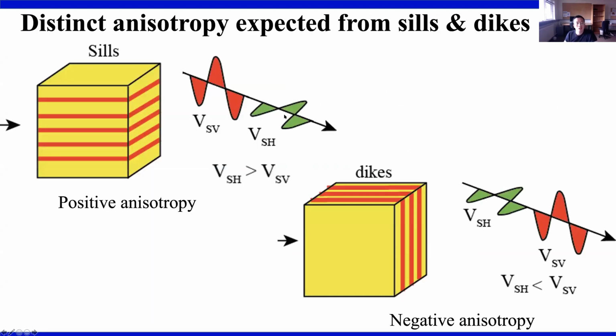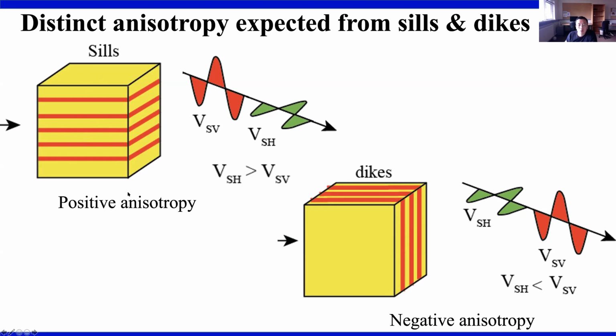So you may wonder what we are expected to see from the sill and dike structure. In this case, we again have two types of surface waves traveling from left to right. If you have a sill structure, the Rayleigh wave, which is sampling the VSV, will be reduced in terms of speed because of interruption from these melt-rich layers compared to the VSH.